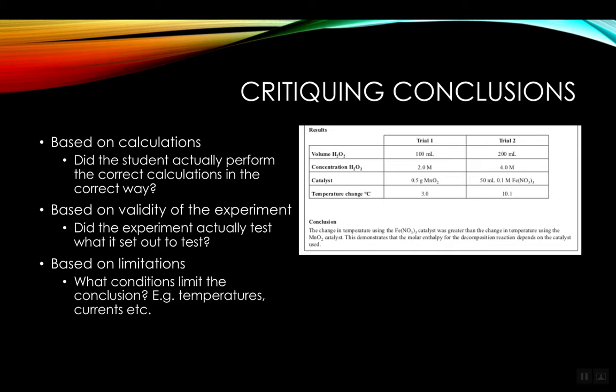So say, for instance, you're asked to find an order in an electrochemical series, and you find the order at standard lab conditions and with 1 molar solutions. Your limitation would be that this is only true under those conditions.